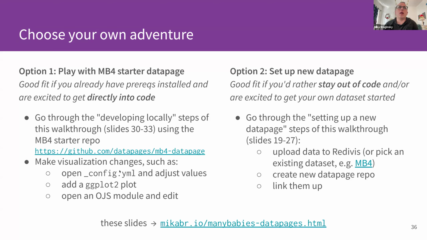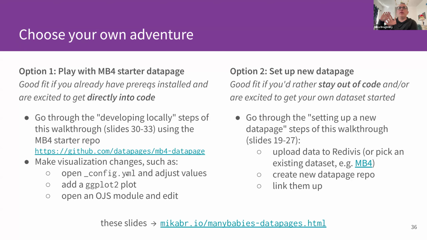Some things you can do are open that config file and adjust which values are used in the scatter plot. You can add a ggplot of whatever you want. And if you are brave, you can open one of the Observable JS modules and play around with those plots.